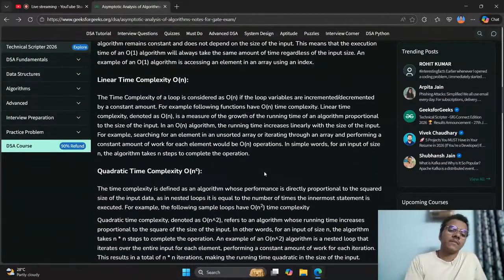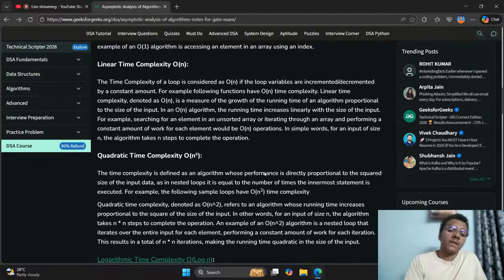Linear time complexity, O of n. The time complexity of a loop is considered as O of n if the loop variables are incremented or decremented by a constant amount. For example, the following functions have O of n time complexity. Linear time complexity, denoted as O of n, is a measure of the growth of the running time of an algorithm proportional to the size of the input.